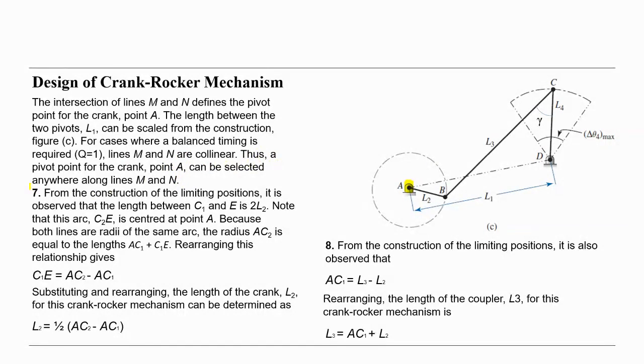So the pivot point for the crank, point A, can be selected anywhere along line M and N.